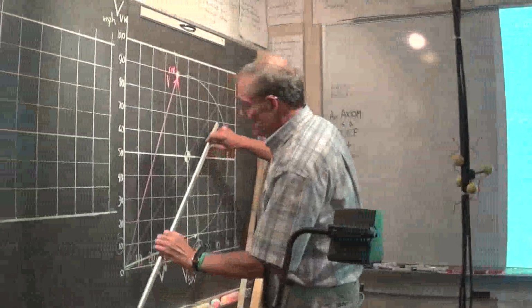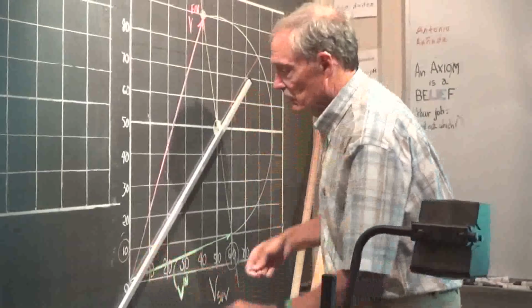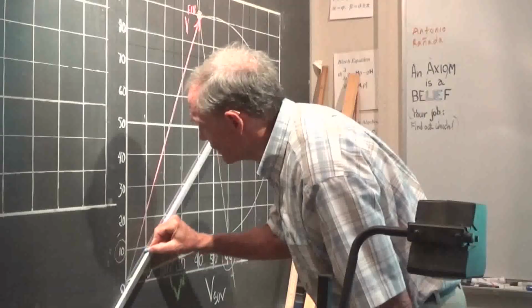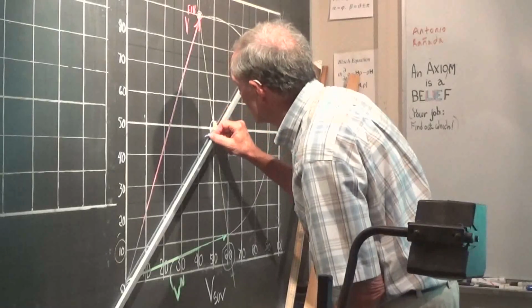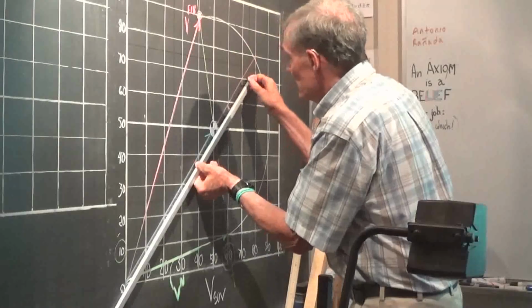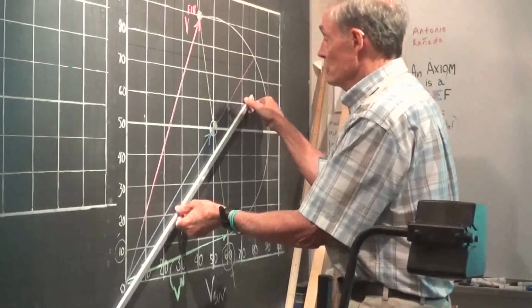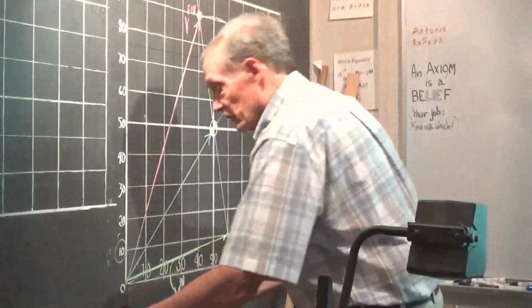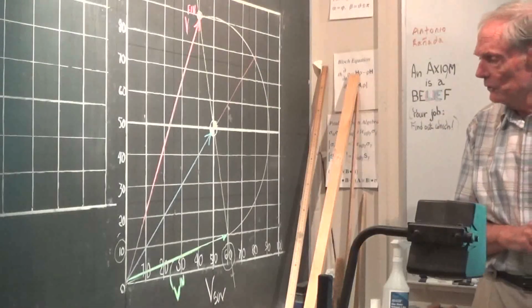And I'll pick out a blue color for it. So you do want to get this vector in the collection of vectors here. It is a very important one for the algebra that we're going to be doing as we go through this problem analytically. Okay, so far so good.